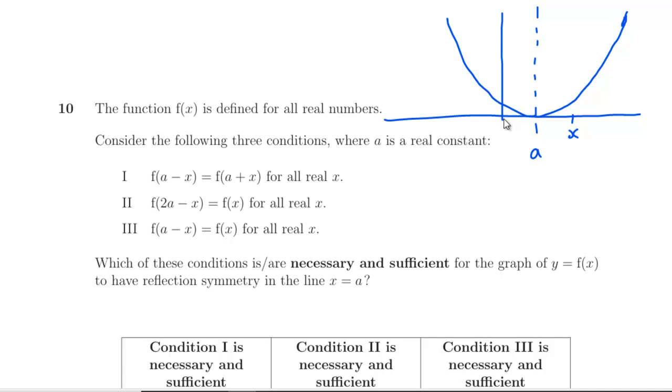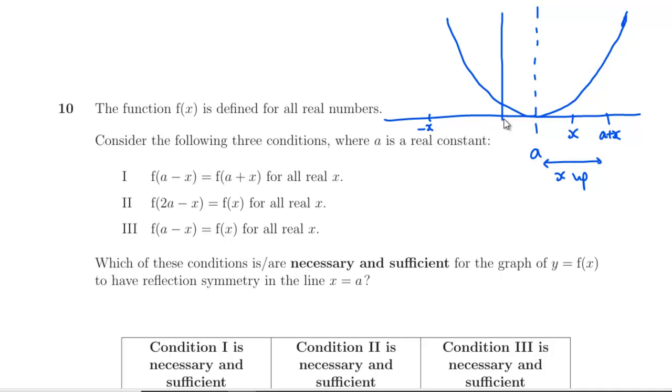So let's put a minus x in. Minus x would be over here. So if I was doing a minus x and comparing it to a plus x, a plus x is then up, say, here. A plus x is obviously x up from a. So when I do a minus x, I want to end up being x down from a.